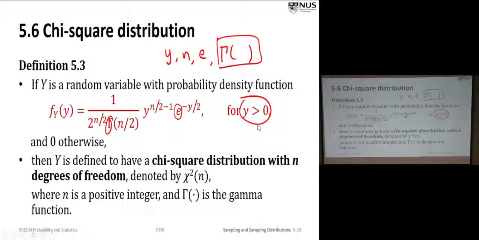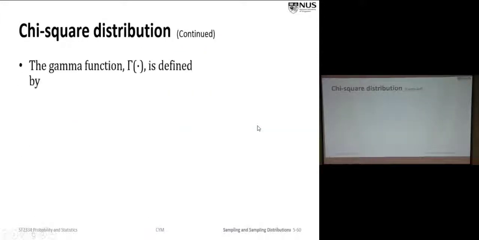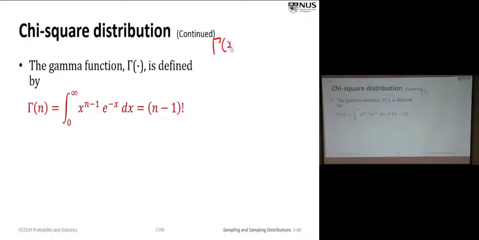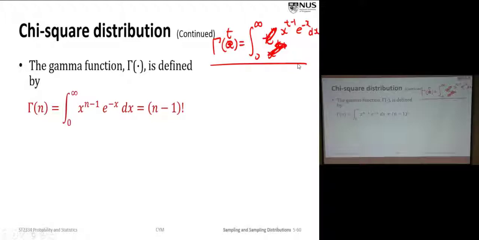And what's a gamma function? Here's the gamma function. Gamma of t is equal to the integral from 0 to infinity of x to the power t minus 1, e to the power minus x, dx. So this is the gamma function.